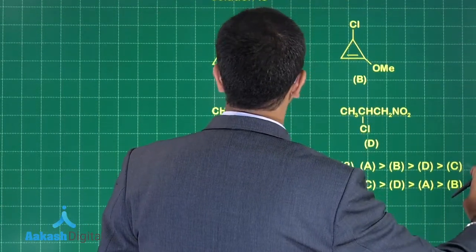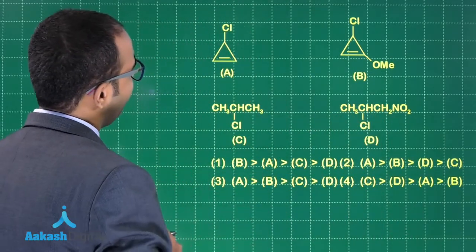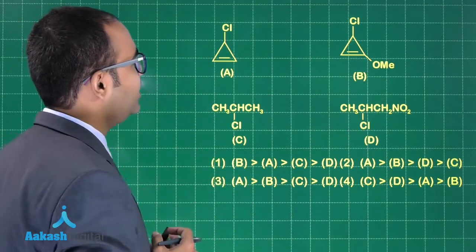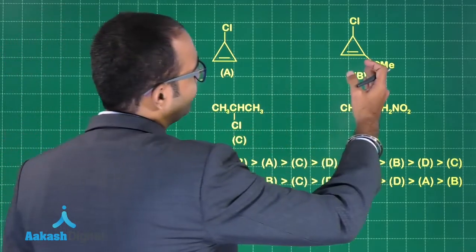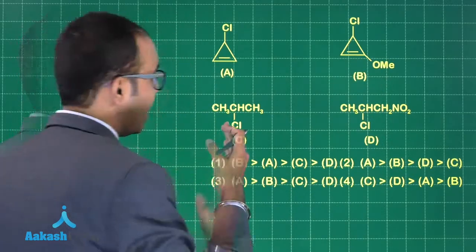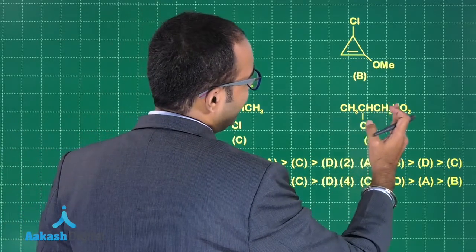So let us look at what compounds are given. Compound A is a cyclopropene ring attached to chlorine. The second one is a cyclopropene ring attached to chlorine and OCH3, then isopropyl chloride, and we have a nitro attached to an isopropyl chloride.